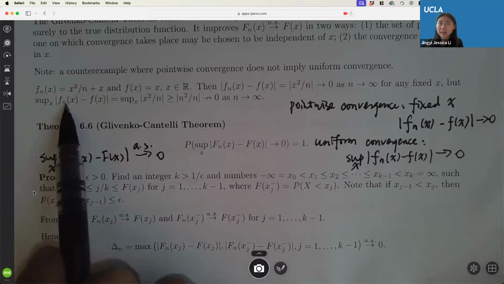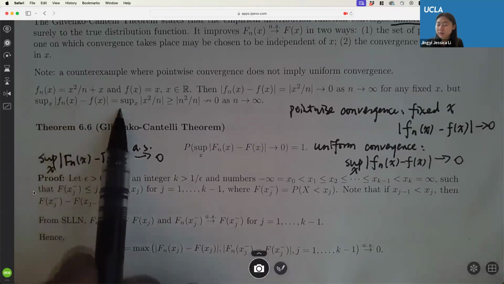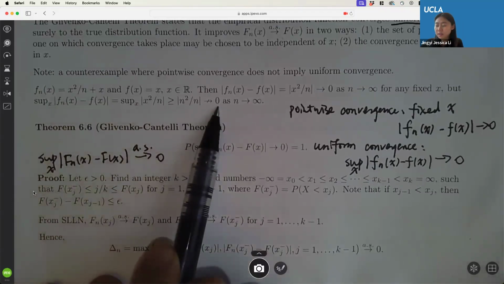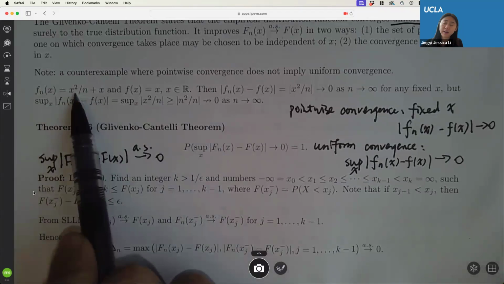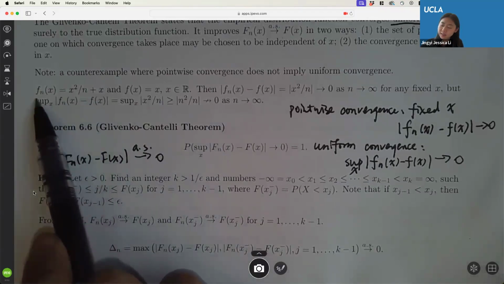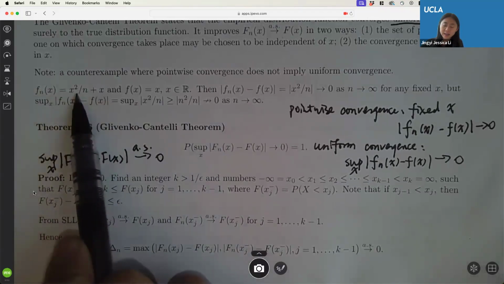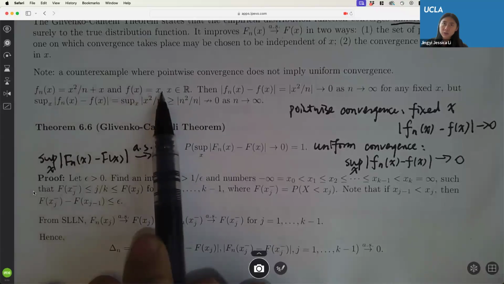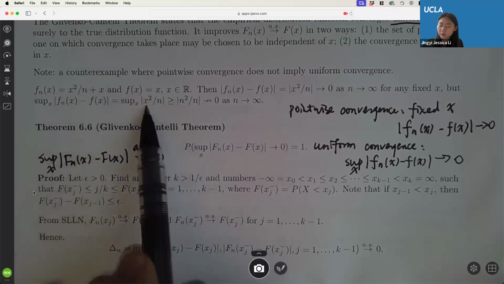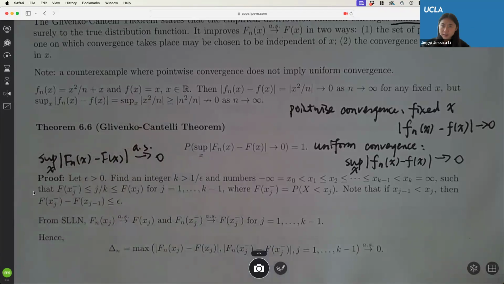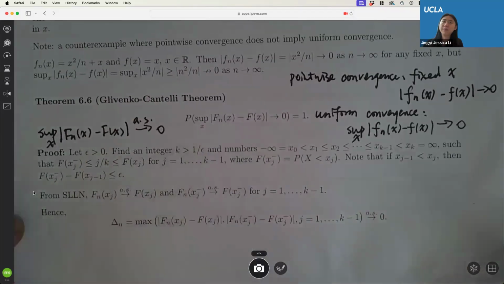If you look at this counterexample here, the reason we cannot have uniform convergence is that both functions are basically exploding. This function value increases as x increases, and also this function, and their difference, which is x squared over 2, also increases as x increases. So it's not bounded. That's the reason. But here we have bounded: both are between 0 and 1.